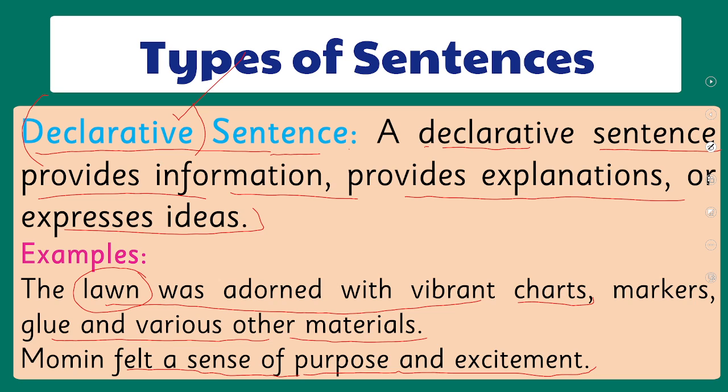In a declarative sentence, we declare something, we express something, we inform about something. Like, it is a chair: it's a declarative sentence because we provide the information that it is a chair, or it is a board, or it is a classroom. These types of sentences come under the category of declarative sentences.